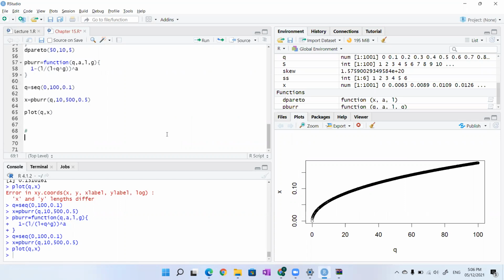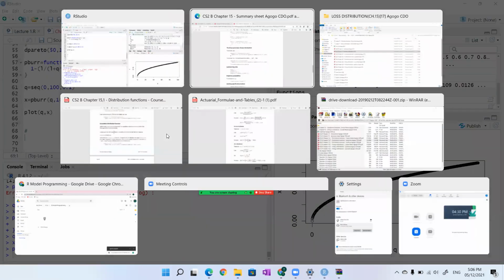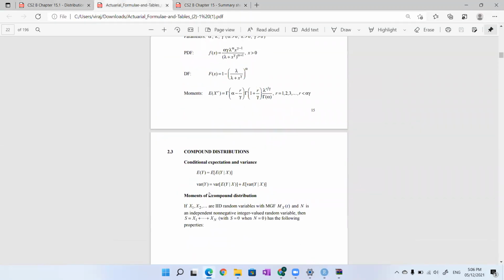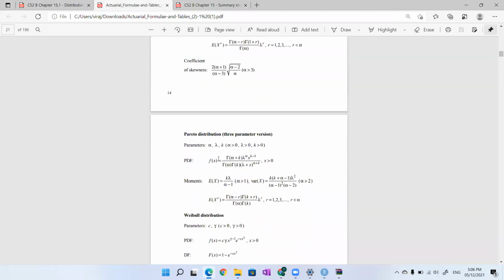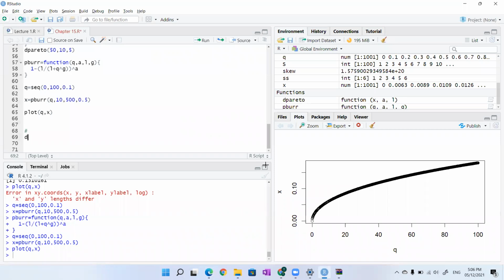Where did our formula books go? The 3-parameter Pareto is this, it is so strange. P3 Pareto is equal to a function of your x, alpha, lambda and k.